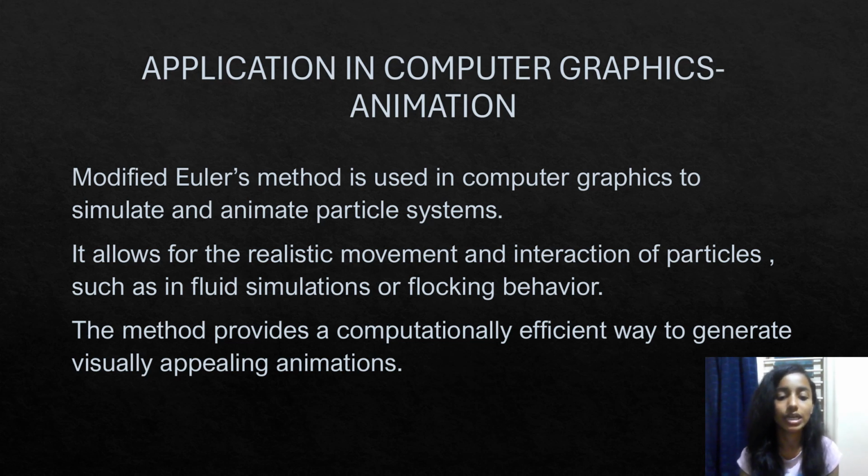Character animation. It enables the realistic movement of characters by animating their skeletal structures and joint rotation. Particle systems. This method can be used to create dynamic particle systems such as fire, smoke, or water by simulating the motion of individual particles.